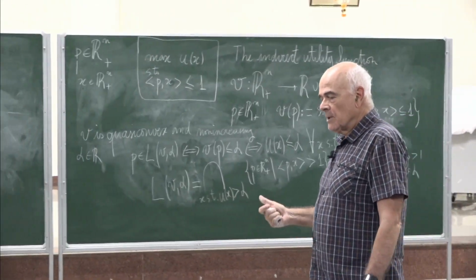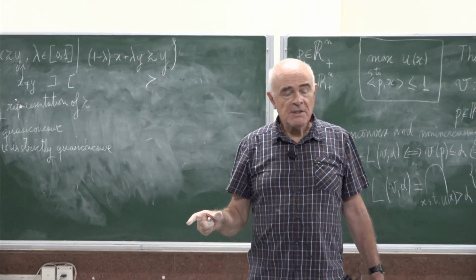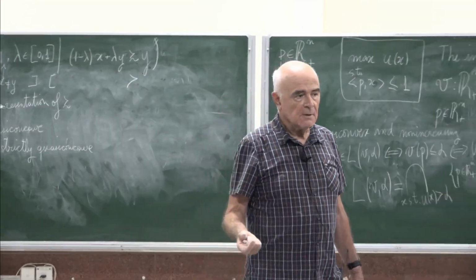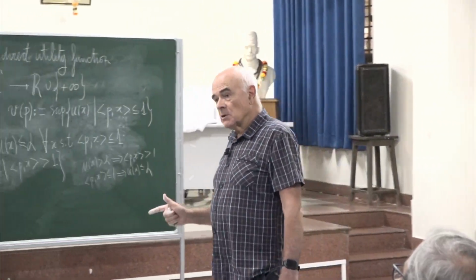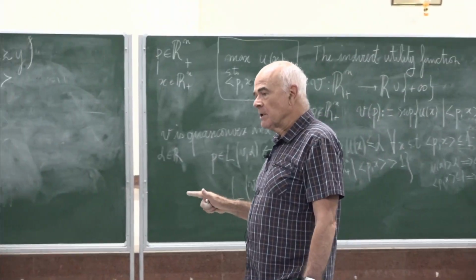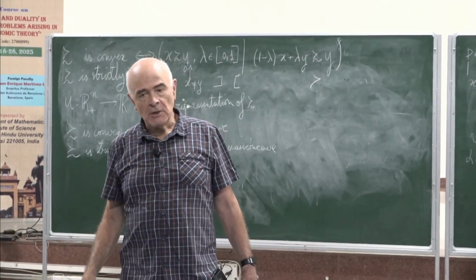Okay? On the real line, every convex set is evenly convex. In arbitrary dimension, every open convex set is evenly convex. But it's not hard to see that every closed convex set is also evenly convex.